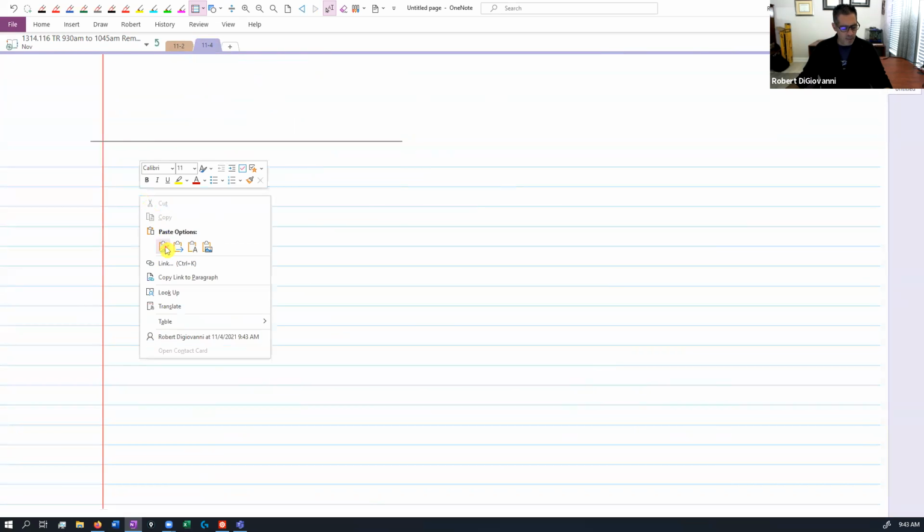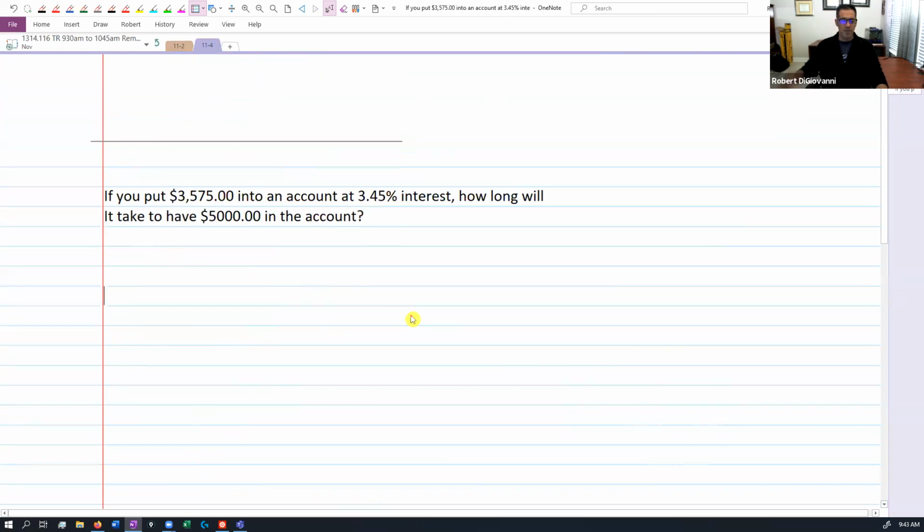So we had this problem last time. This was a problem from before the test. If you put money into an account at a certain interest rate, how long will it take you to have 5,000? Actually, this is the problem we did last time. What I'd like to do is change this problem again.